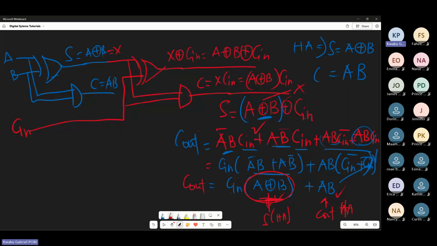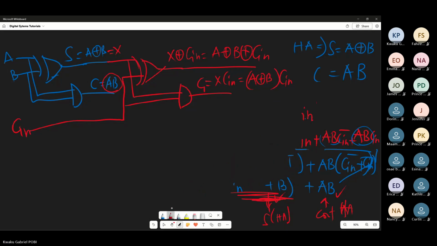That's it. So this is the first part. Then now I'll just go and add it with this AB to get the whole carry out, as in the actual carry out. So let me name this first C out C1, right?